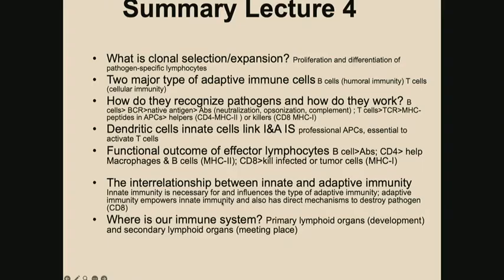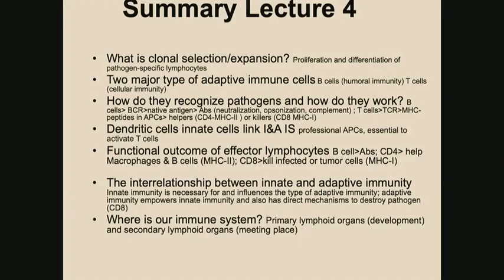So there are two ways in which the adaptive immunity works. By empowering innate immunity, and we were just saying Th1s will go to the tissue and help macrophages, right? That's one way the adaptive immunity cells work. Or they may have direct mechanisms to destroy the pathogen, like the CD8 killing, okay?